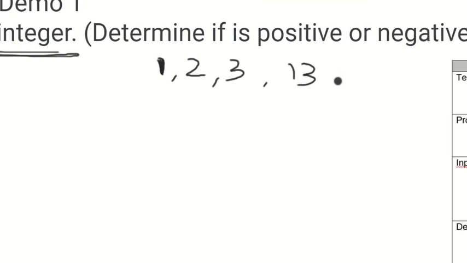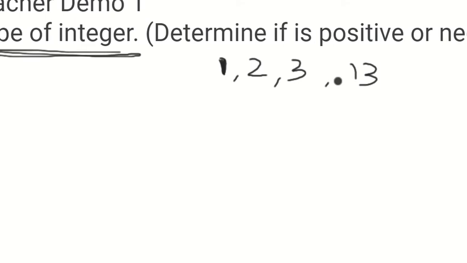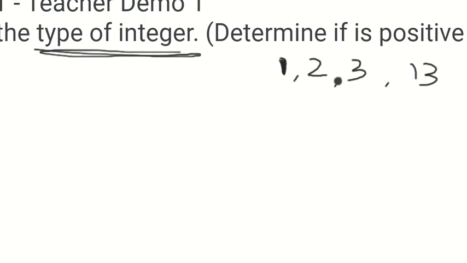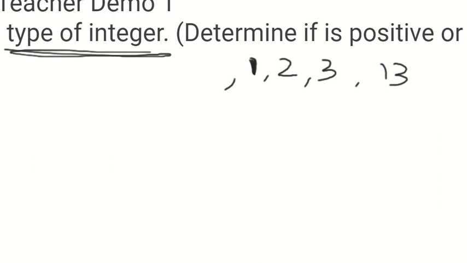What's the type? These are all what? Okay, you're giving me positive integers. Are there more integers that are not positive? Negative. Example: negative integers, negative 1, negative 2. Okay, so we have negative integers.